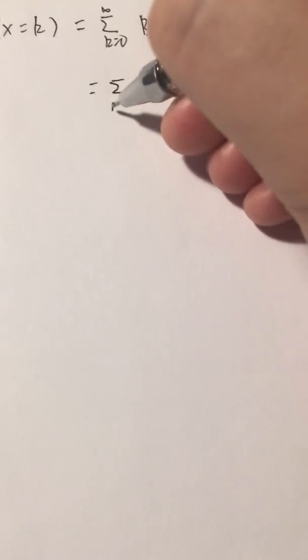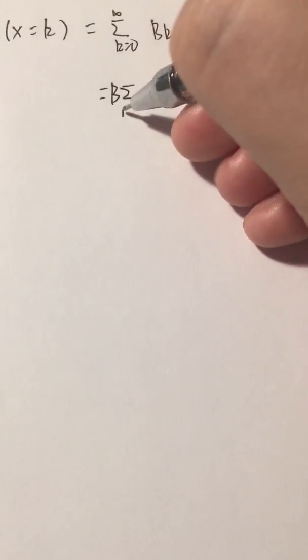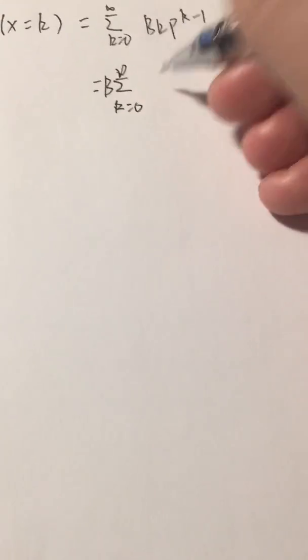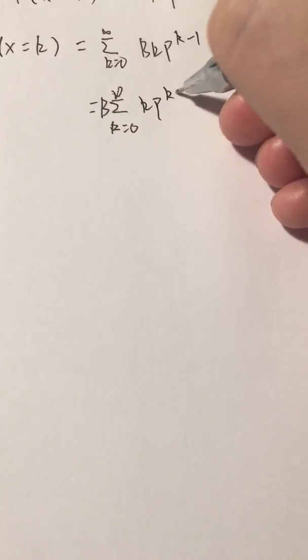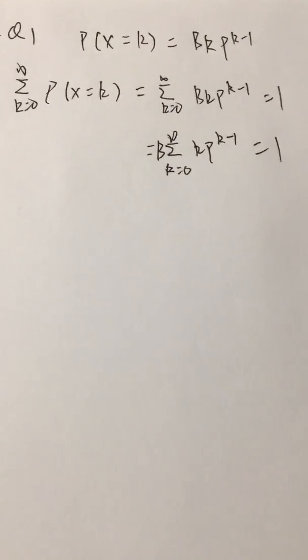Because b is just a coefficient, we can get b times the sum of k p to the power k minus 1 is 1.